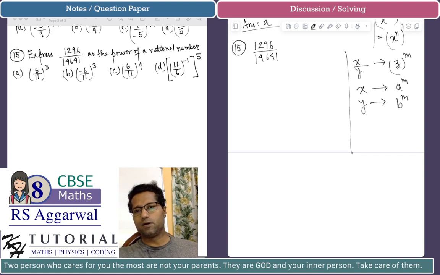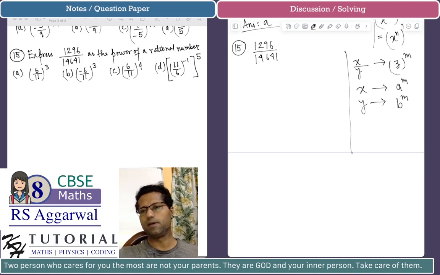So essentially, you have to convert x by y into z to the power m, where m is some integer and z is some rational number.